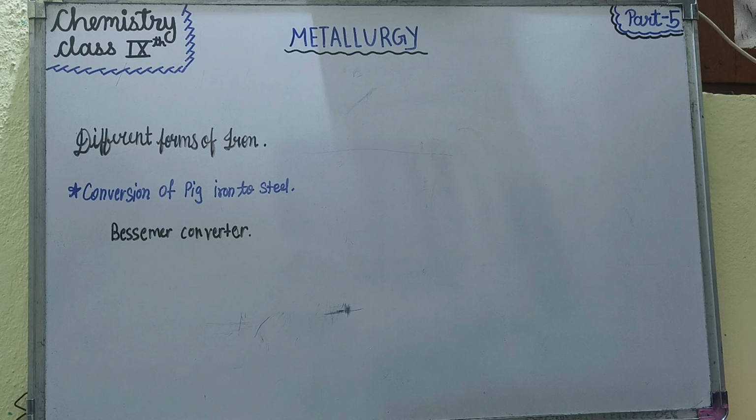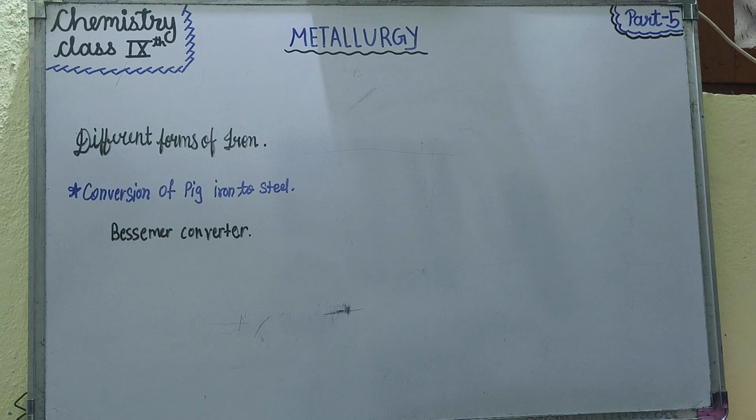All the carbon present in pig iron is removed by oxidation. When all the carbon content is burned out, then the air supply is cut off, non-volatile impurities are removed, and a calculated amount of alloy is added in correct proportion to give two types of steel: mild steel and hard steel.